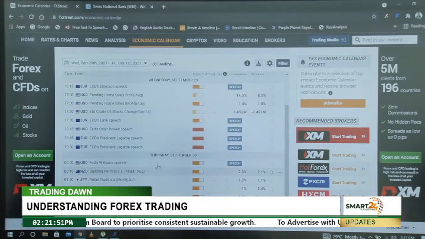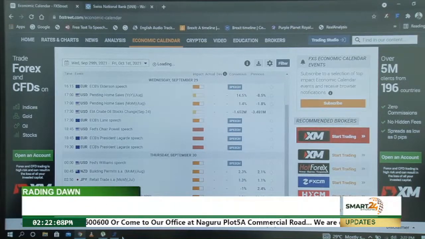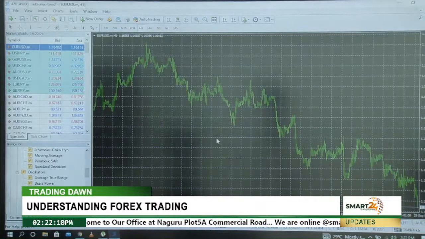The good thing is today is not Friday. Today is Wednesday, so whatever happens tonight or this evening, you'll have a good flow of the market tomorrow morning, and you can make your decisions like that. If you want to trade in the moment when these things are taking place, then you can go ahead and exercise yourself. You could land on something nice there.